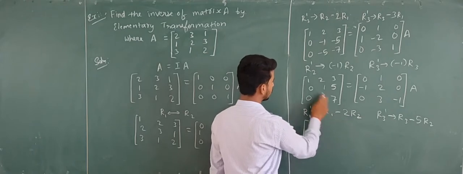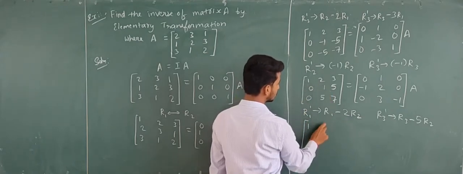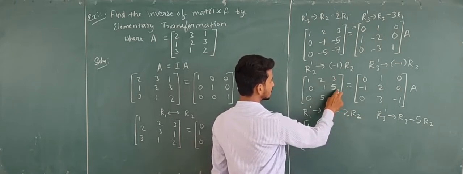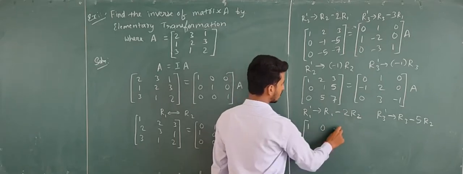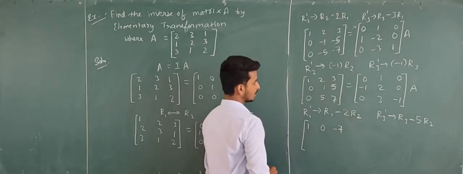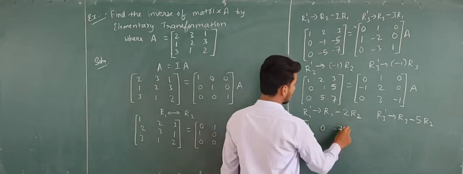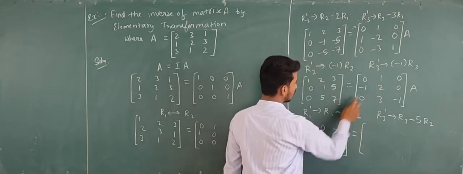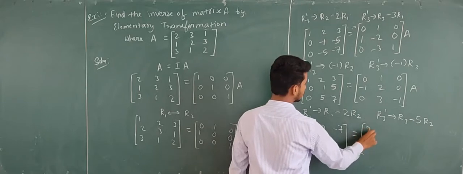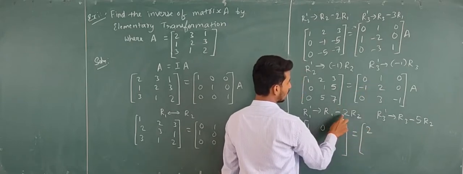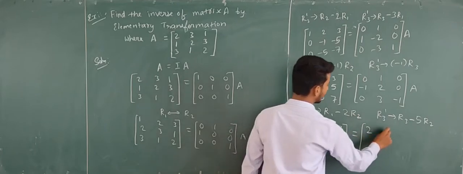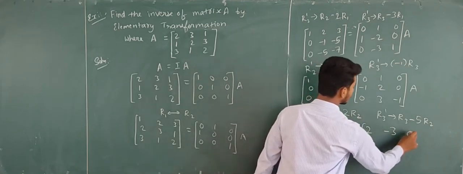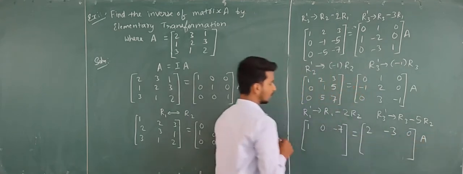First row is R1 minus 2R2: 1 minus 0 is 1, 2 minus 2 is 0, 3 minus 2 into 5, 3 minus 10 will be minus 7. Now 0 minus 2 into minus 1 is plus 2, so 1 minus 2 is minus 1, and 0 minus 0 will be 0, into A.